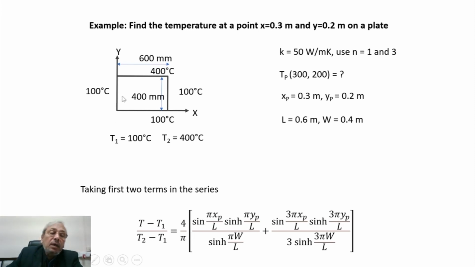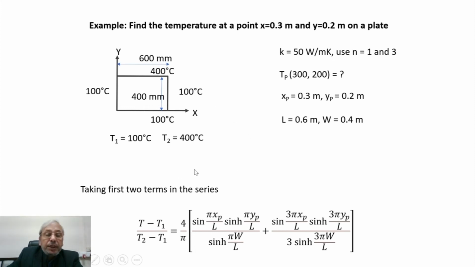So, on 3 different sides, temperatures are 100 degrees, and the top side of the plate temperature is 400 degrees. That means, in the problem that we have solved, T1 is 100 degrees and T2 is 400 degrees.